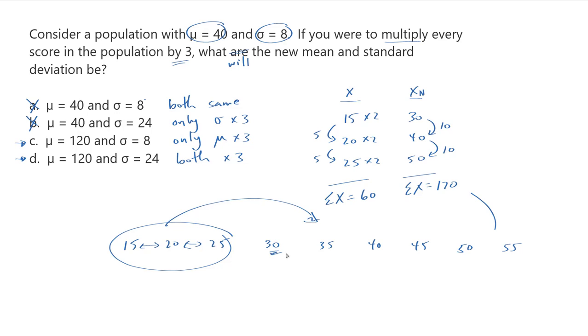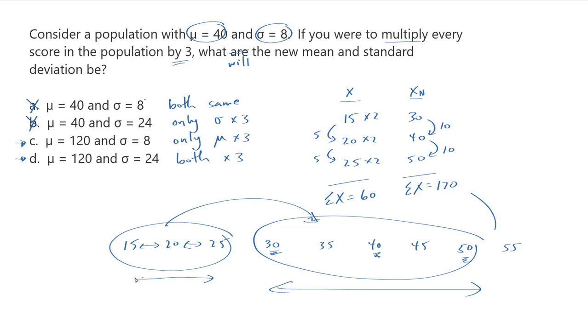Now people are making 30, 40, and 50. The entire distribution of new scores is more spread out. This used to be a small amount of variation. Now it's a very large amount of variation. So I am definitely going to see that my standard deviation, which measures variation, is also affected.